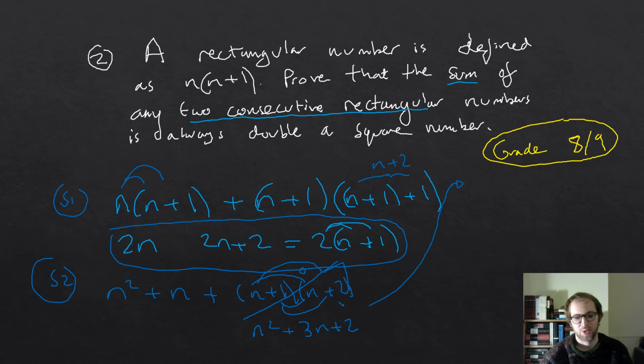So you might now see that if we collect like terms from this guy down here, what we end up with is 2n squared plus 4n plus 2. Okay. Now we want to show it's always double a square number. Now what does it mean for a number to be a square number?